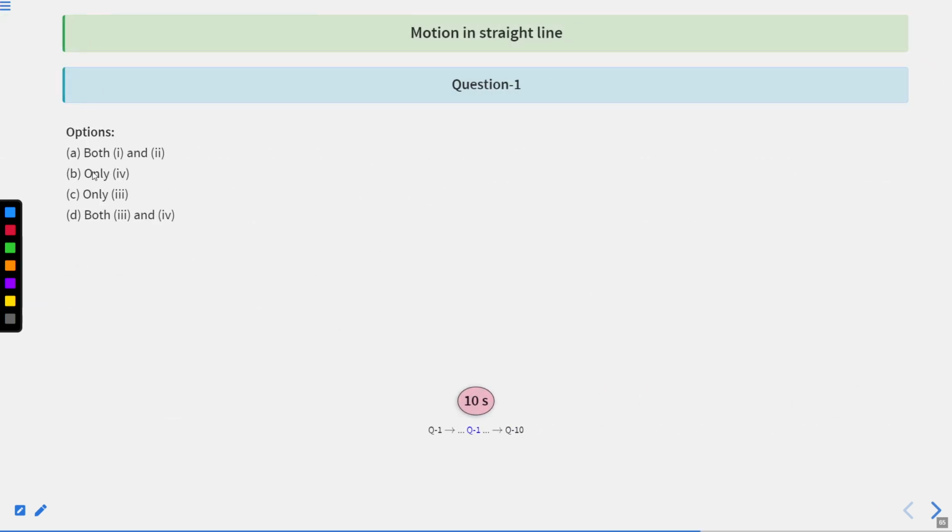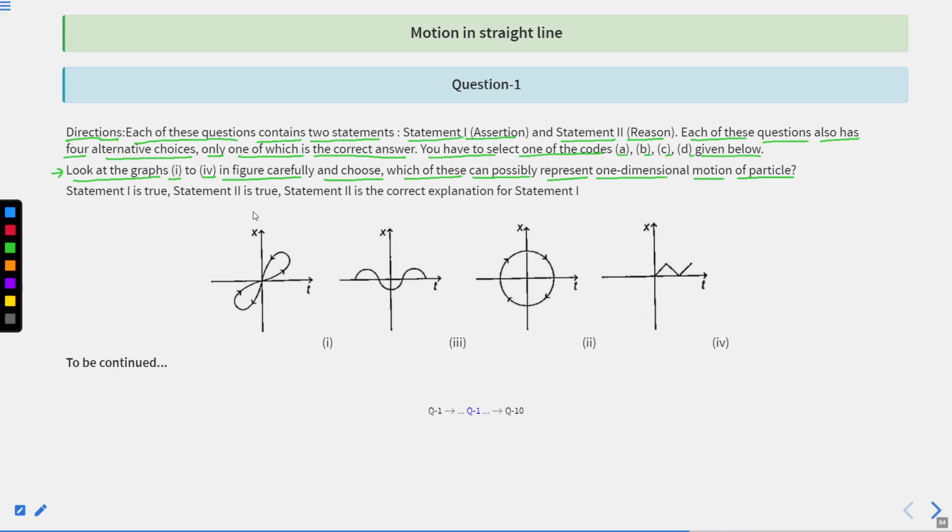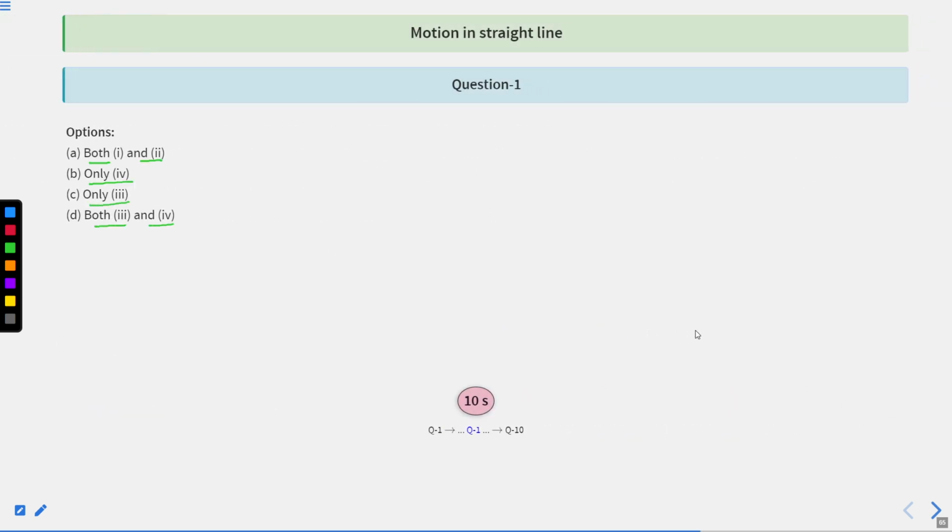The options are: A, both first and second; B, only second; C, only third; and D, both third and fourth. Clear? Ignore this thing. Which one is correct? You have 10 seconds to solve this question. After that, we will provide the solution. Clear?